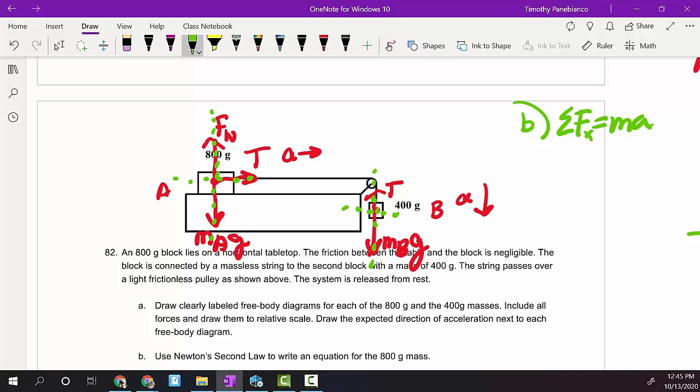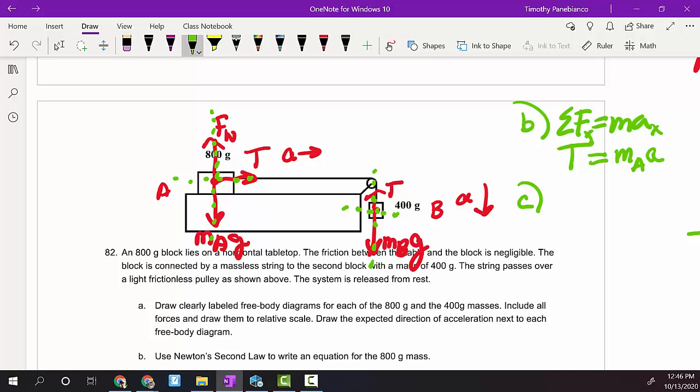So if I write this for the X-axis exclusively, then we know the only force acting on it is the tension, and the tension is to the right in the positive direction. So that means tension, being the only force, is positive. That's what sigma F does. We add up all the forces. Now, the acceleration is also in the positive direction, so we'll label this MA times a positive acceleration.